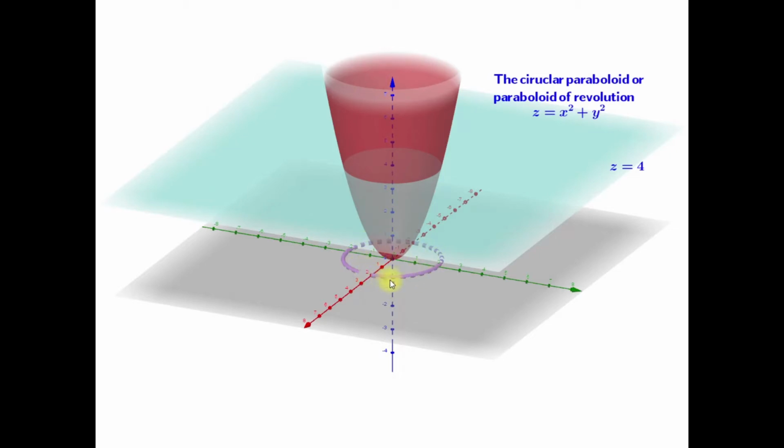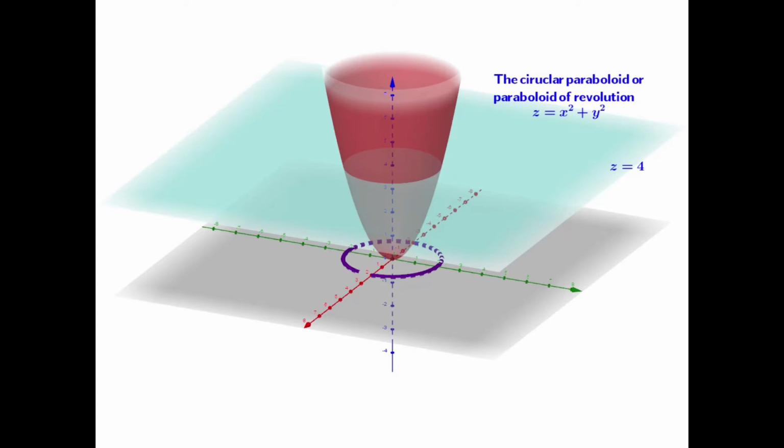The equation of the circle here also is x square plus y square is equal to 4, and those two circles lie on the cylinder x square plus y square is equal to 4.